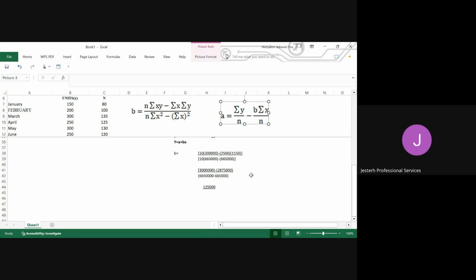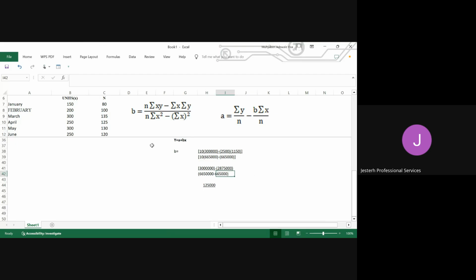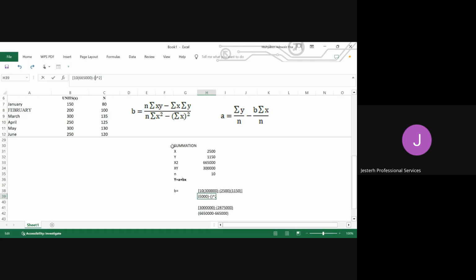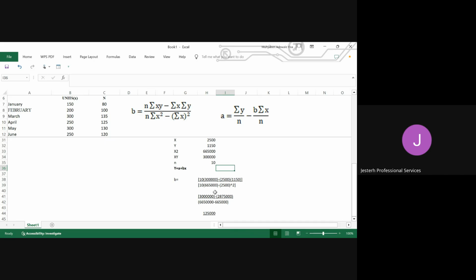All right, good. Now, we have to correct this one. This one is going to be raised to power of 2. But since it is X, this one is going to be 2005.